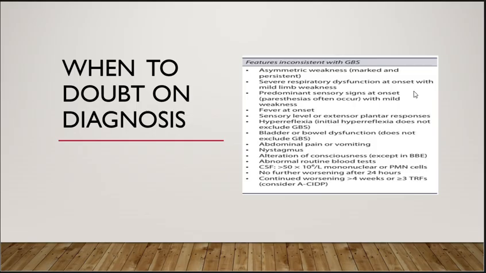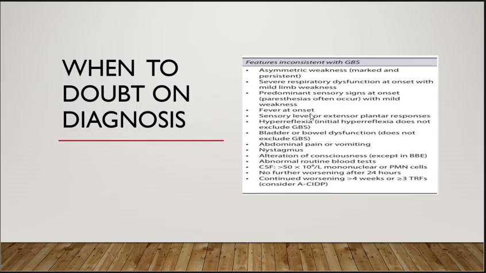When to doubt our diagnosis: if the patient has asymmetry in the weakness, severe respiratory dysfunction at onset with mild limb weakness, predominant sensory signs at onset with mild weakness, fever at onset, or a sensory level or extensor plantar.